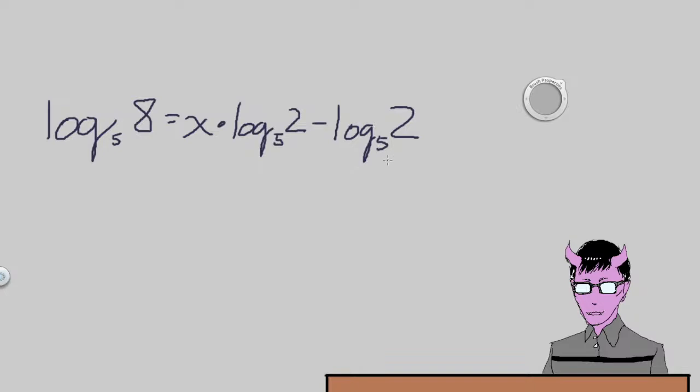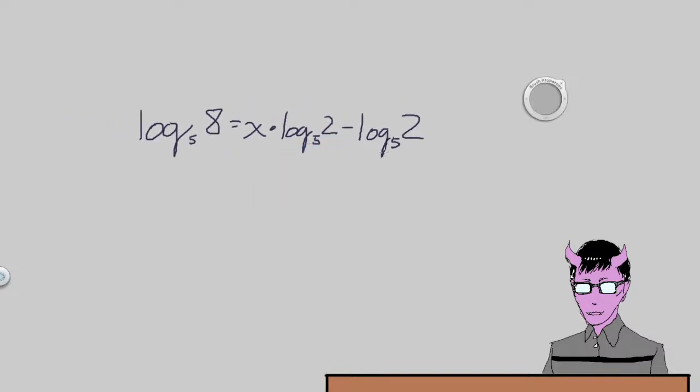It seems some consolidations are nicer than others, so here's what I propose. Let's move this one over to the other side, because this is a constant. This is log base 5 of a constant, and this is also log base 5 of a constant. But we have an x here, which we can do exponential slammage on, which is why I'm going to keep this one on the right hand side. So let us move this one by adding it to both sides.